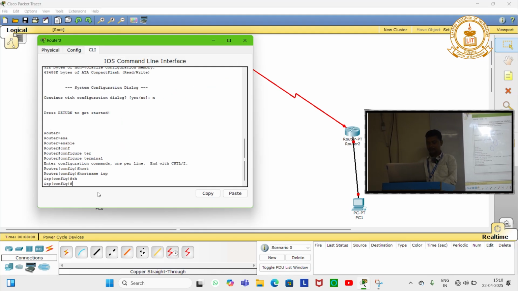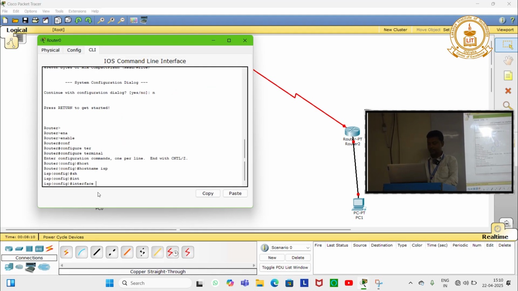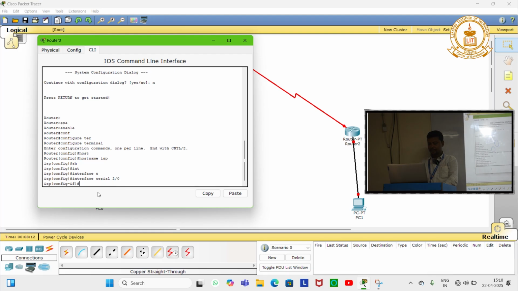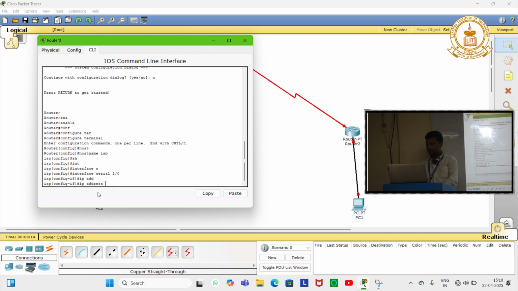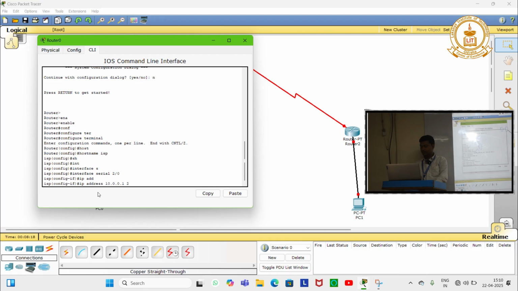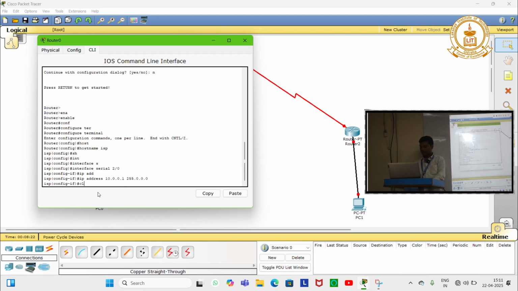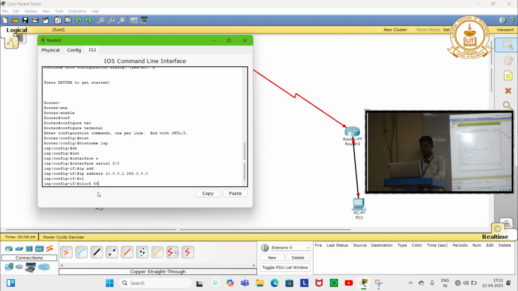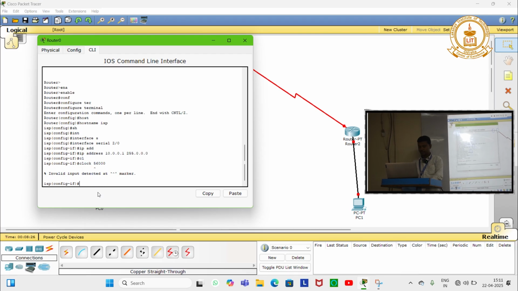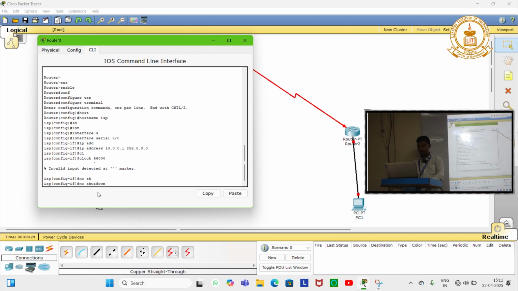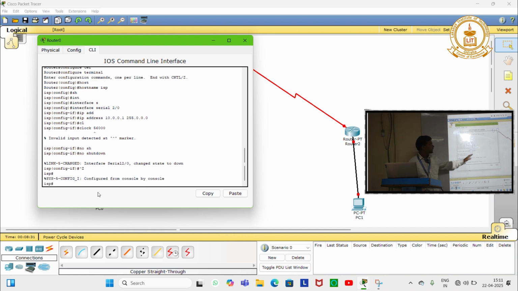Configure terminal, interface serial 2x0, then IP address 10.0.0.1, subnet mask 255.0.0.0, then clock rate 56000, then no shutdown. Similarly we are configuring this router.